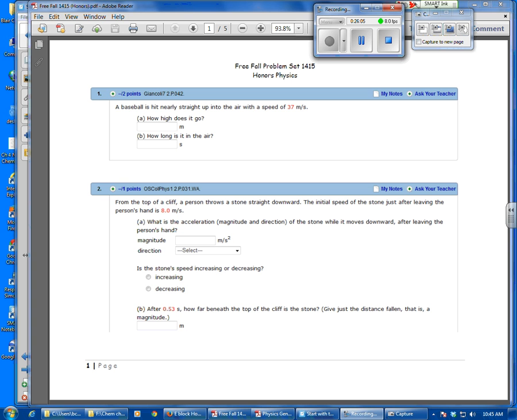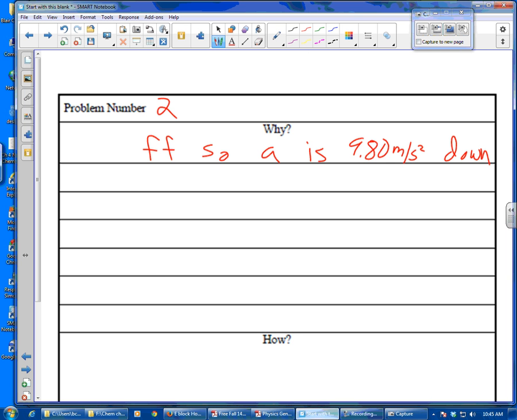So since the velocity is downwards, and now I would probably put that right here in my y, velocity down, and acceleration down, free fall.